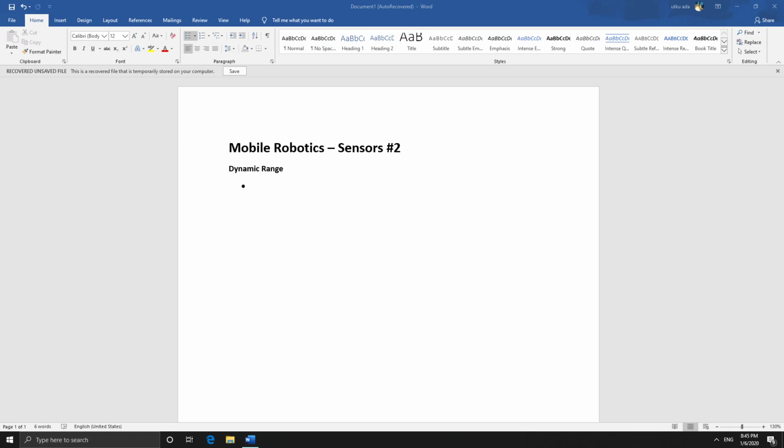We left off on sensor classification, so now we're going to continue with dynamic range, and we're still on sensors.